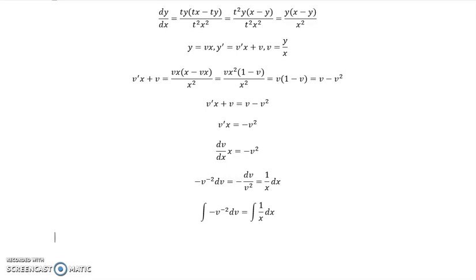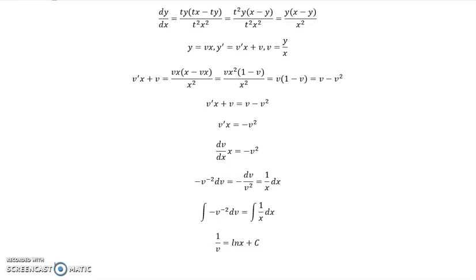Well, using the power rule, we're going to get 1 over v on one side of the equation, and on the other side, we're going to get ln x, and then we have our constant of integration.